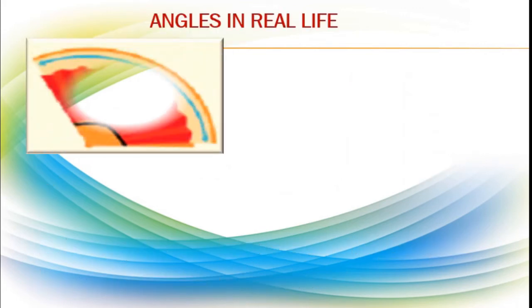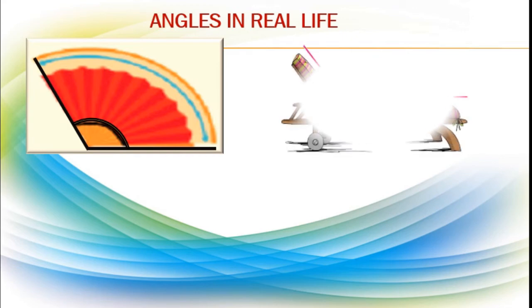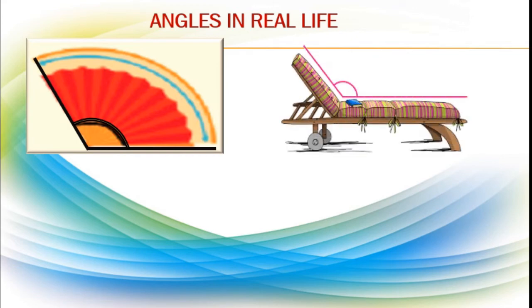Now we will move to another type of angles. See this fan, the sides of the fan make an angle. See, this is bigger than the right angle. See the easy chair or the rest chair. Here also we can see an angle is formed.